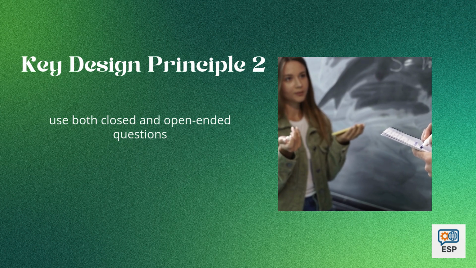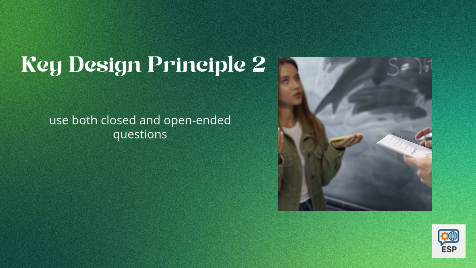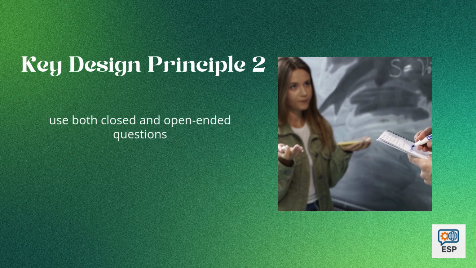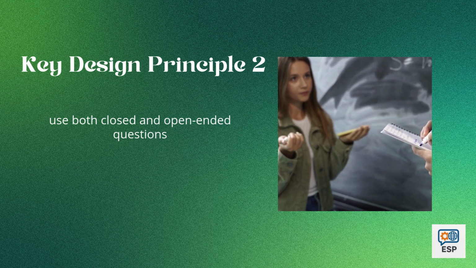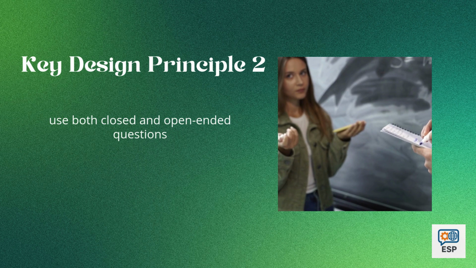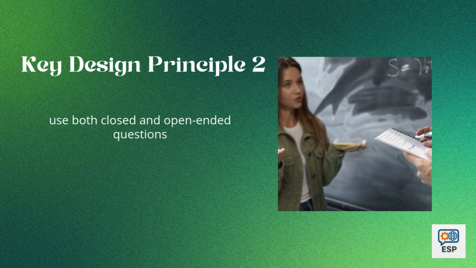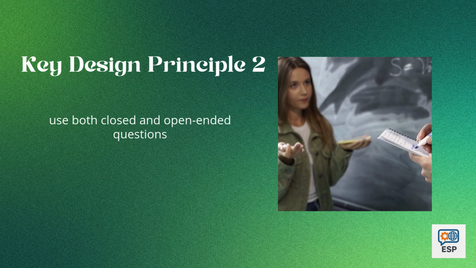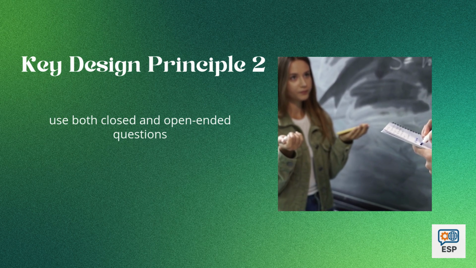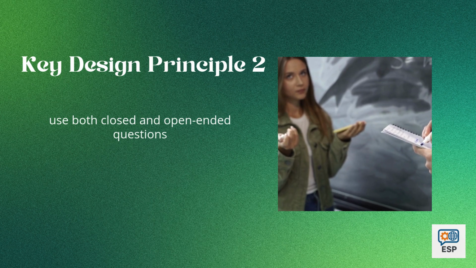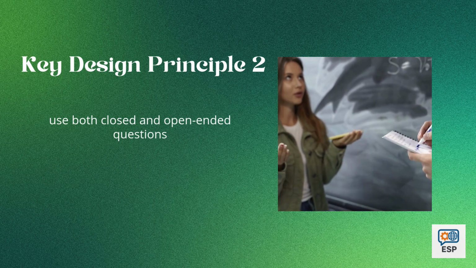For example, closed questions will normally give you information that is measurable. In other words, quantitative data that you can quantify, create graphics, tables, count, depending on the different formats of closed questions that you may use.